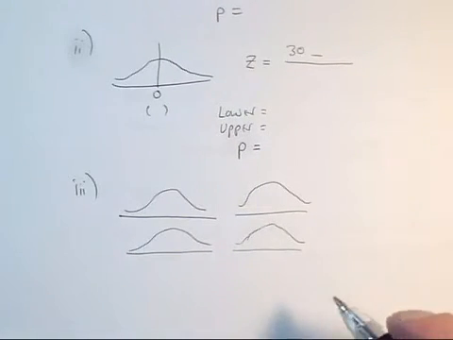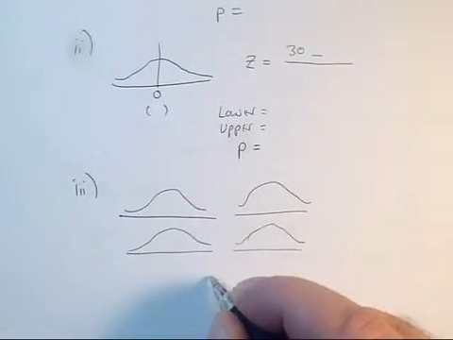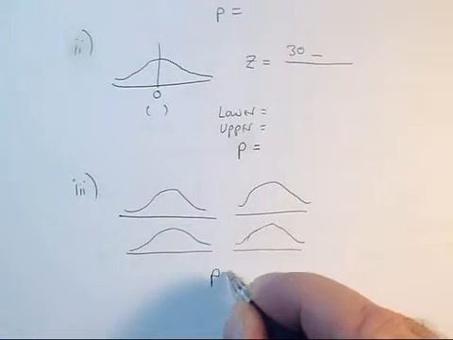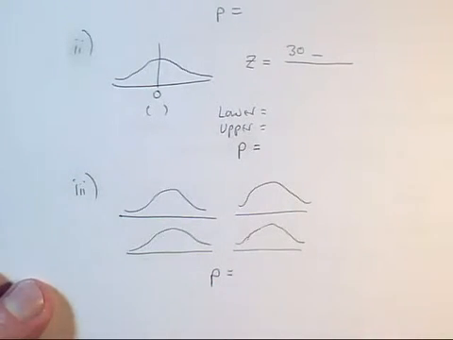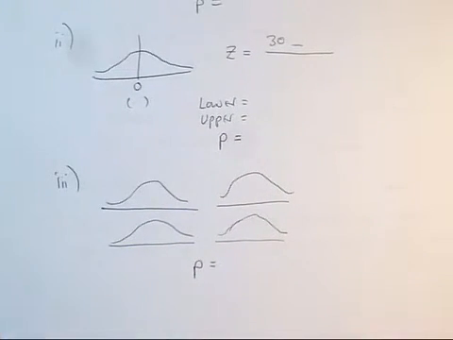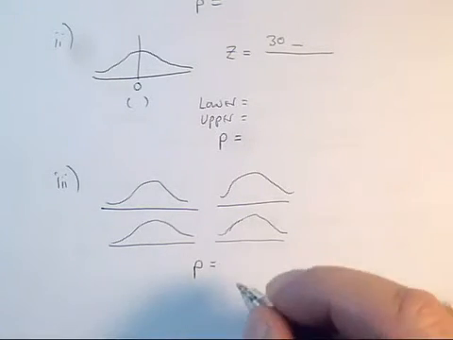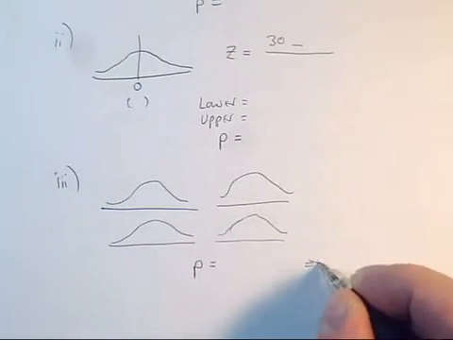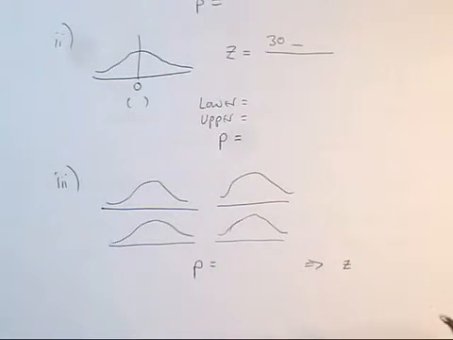When you've got the one you need, you will be able to get a p-value to look up from the picture. But remember that your calculator likes the probability to be on the left. So if the probability that you've labeled initially is on the right, find out the probability on the other side. So quote a p-value, and then that gives you a z value from your calculator.